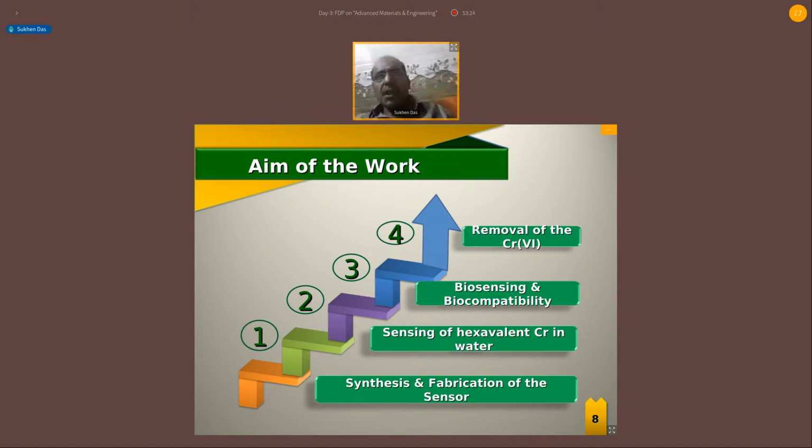But all are time consuming and expensive, and this is not so easy. So we have to find such a fabricated device which can easily identify the presence of chromium there, and not only the presence, but how much chromium is present there.